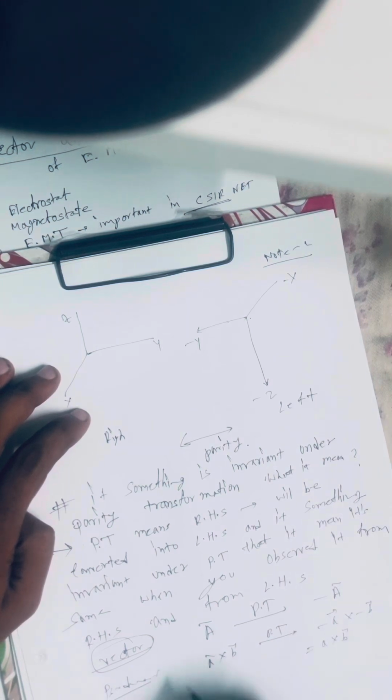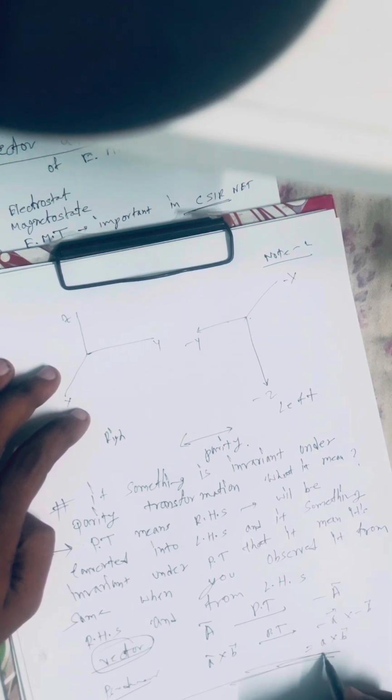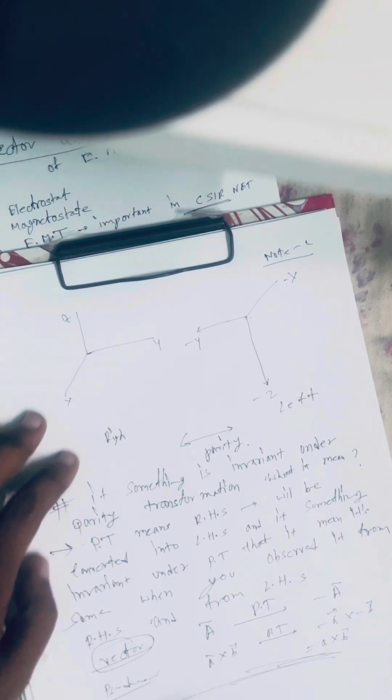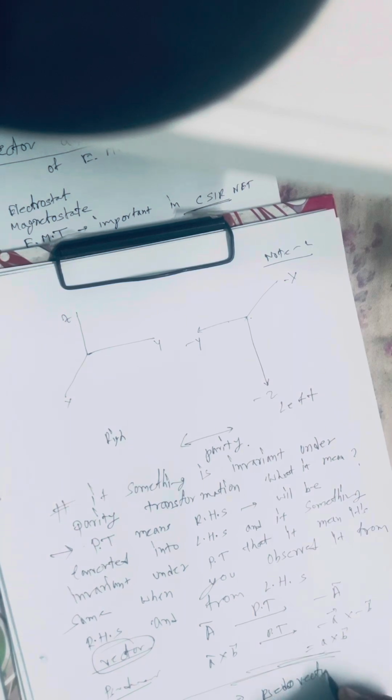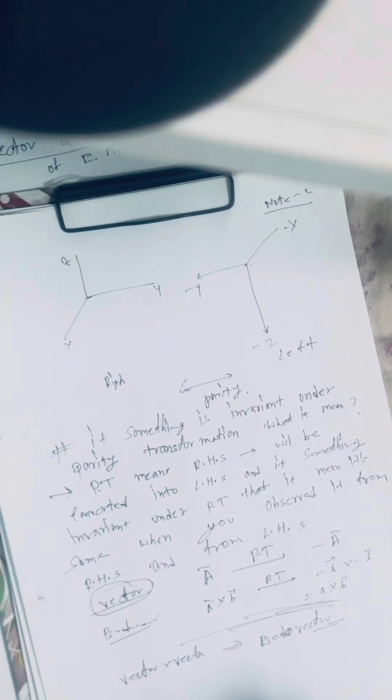So pseudo vector will not change sign. There is so many. Vector plus vector will be pseudo vector. That means pseudo vector. Vector plus pseudo vector. There is so many examples now.